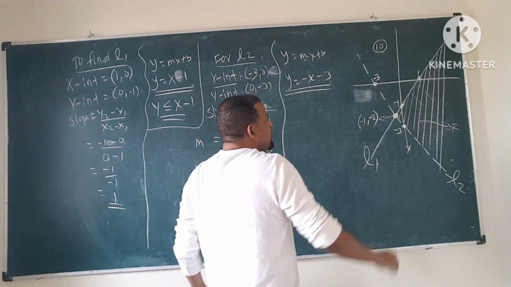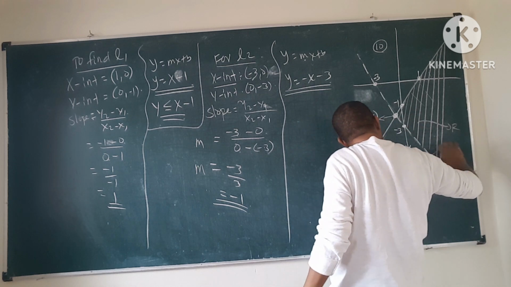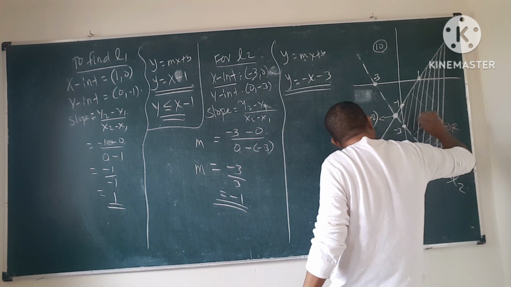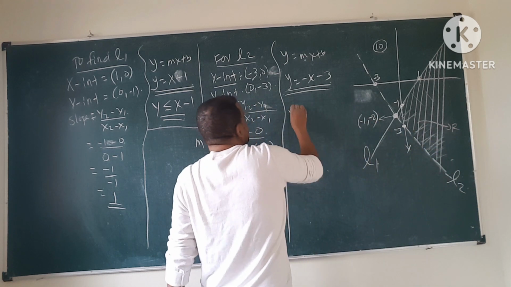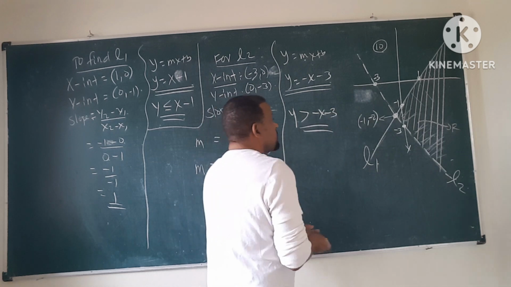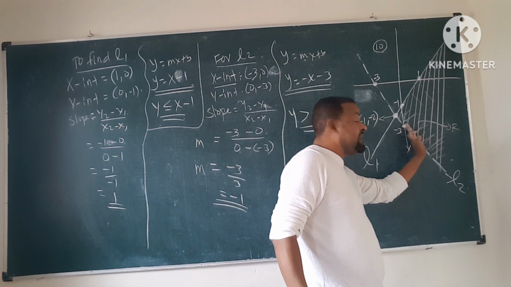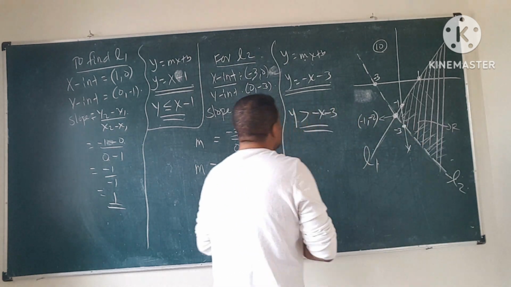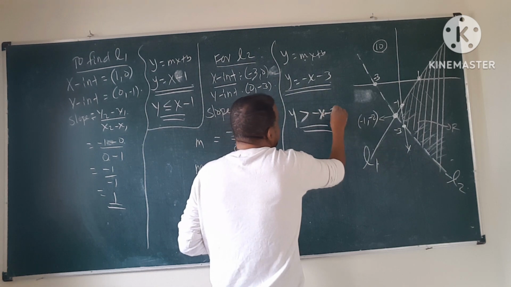Okay, look, it is shaded above the graph, so it is greater than. The relation is y is greater than negative x minus 3. Note that since it is a broken line, we use greater than only. So y is greater than negative x minus 3.